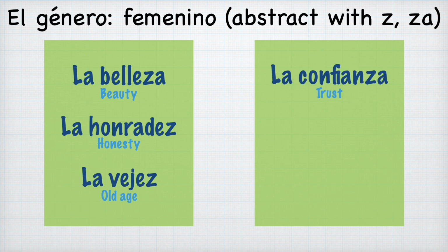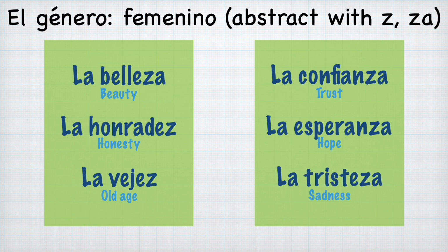La vejez. La confianza. La esperanza, y la tristeza. So all of these are abstract nouns, feelings, and they are treated as feminine in singular form.